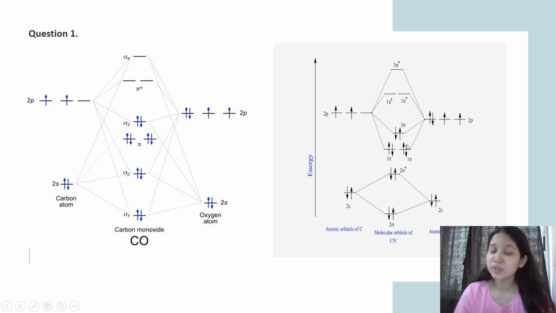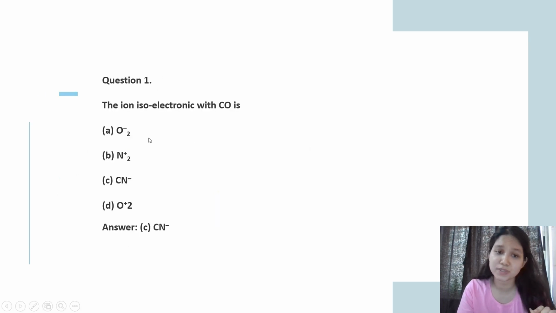So now we know the number of electrons in the species given in the options. In O2 minus we found 17, and N2 plus we found 9, definitely not equal to 10, because carbon monoxide has 10 electrons and cyanide has 10 electrons. O2 plus had 1 electron less than the oxygen molecule, which was 15. Thus the ion isoelectronic with carbon monoxide is option C, cyanide.